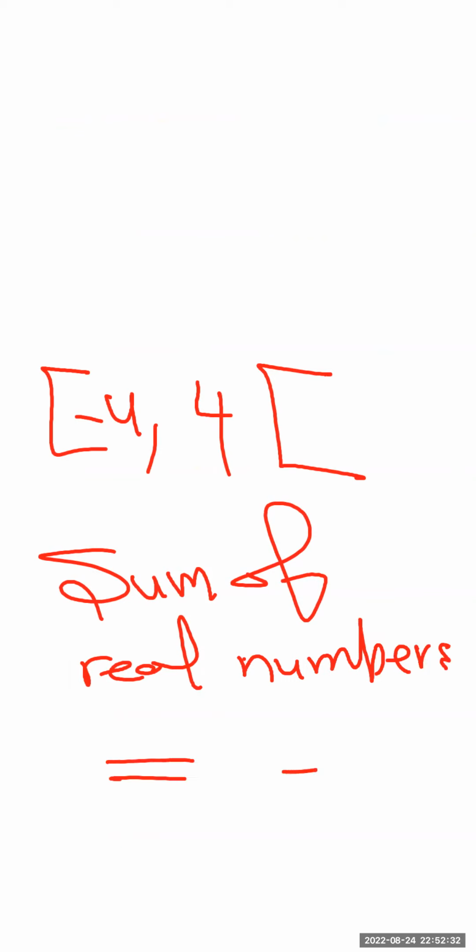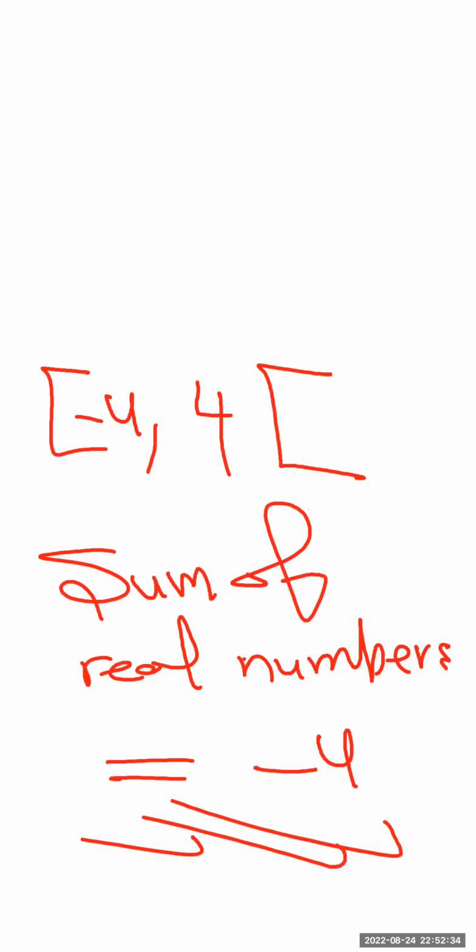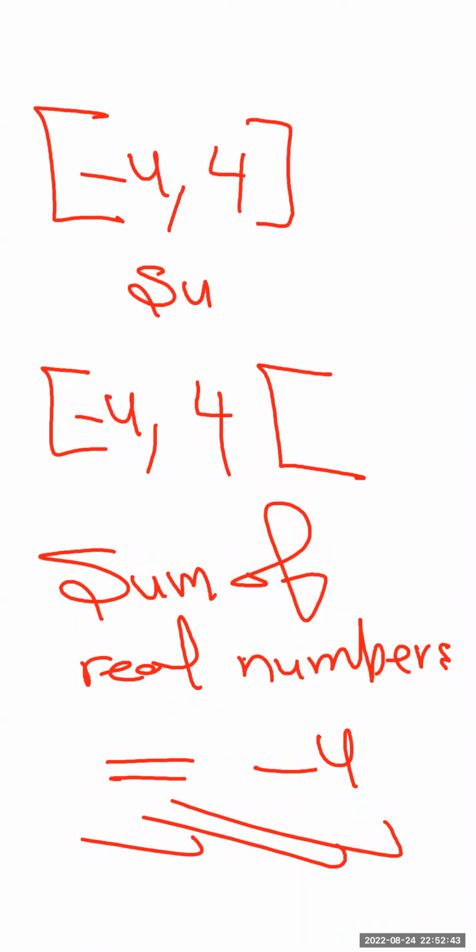Very good, correct. But if it was like that, -4 and 4 closed, the sum equals 0, because all the numbers in this interval also have their additive inverse in the same interval. Correct, guys? Correct. Very good.